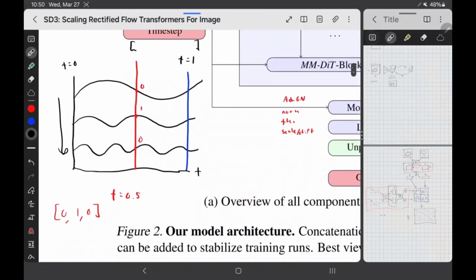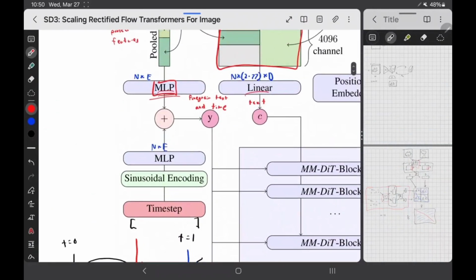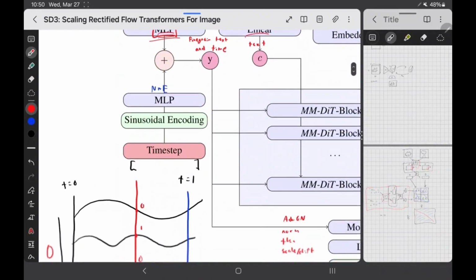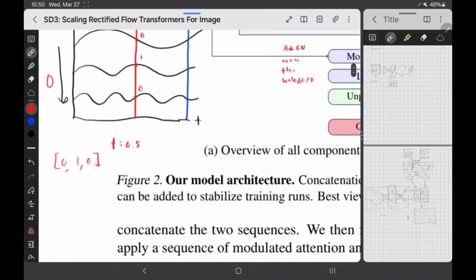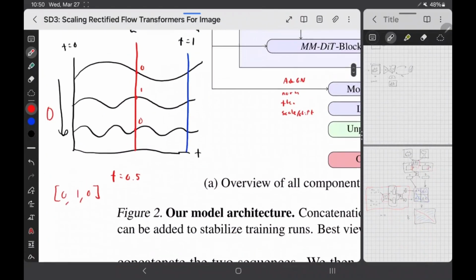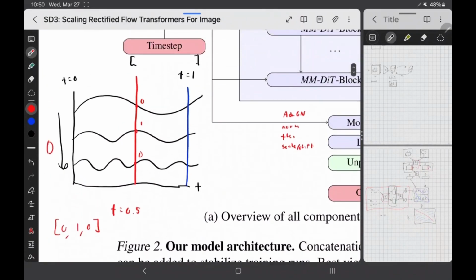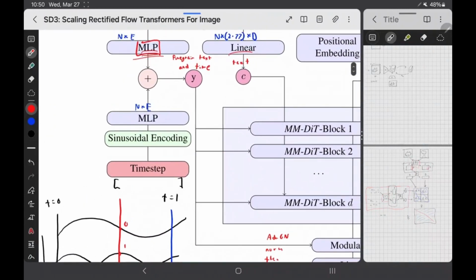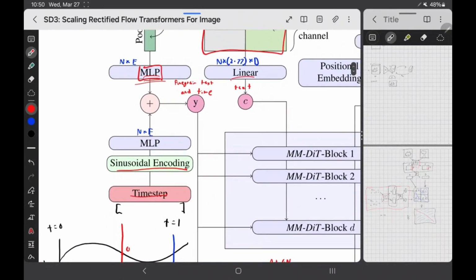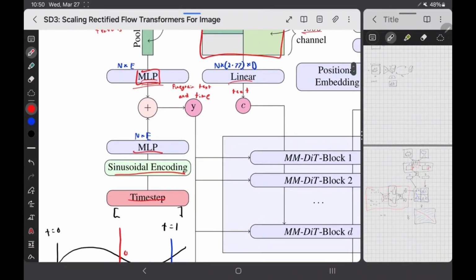And we can add more sinusoids, we can add d sinusoids, which is the dimension here. So 4096, I think. Yeah, 4096. So we can have 4096 sinusoids of different frequencies, and that'll give us a unique representation for our time step. So that's all this is doing. Take the time step, which is a sinusoidal encoding, and then throw that through an MLP.